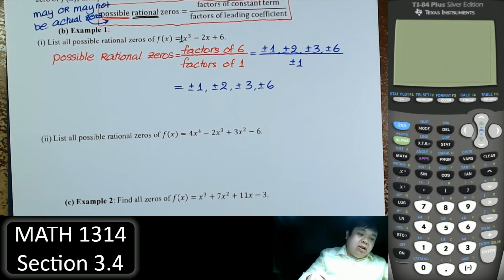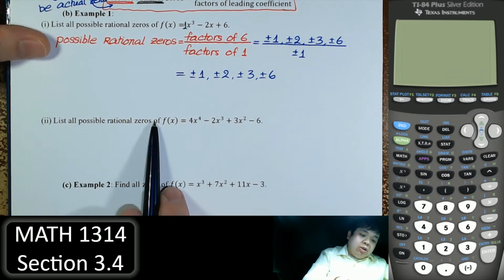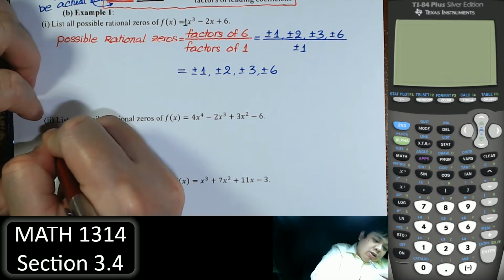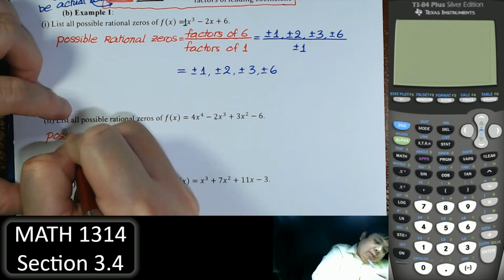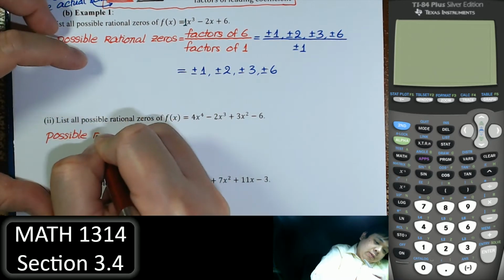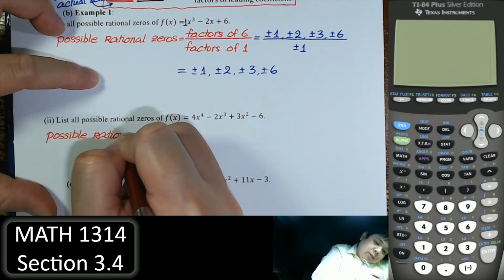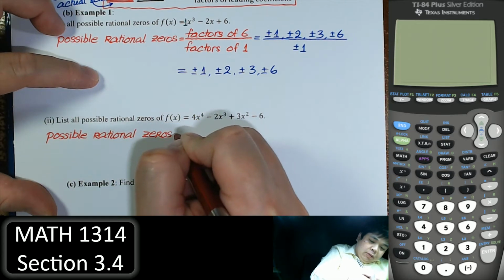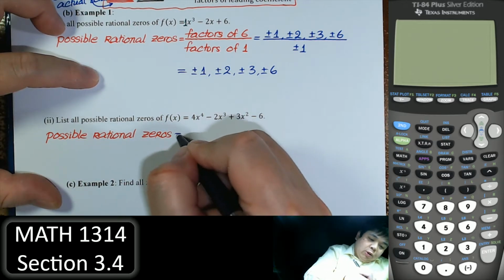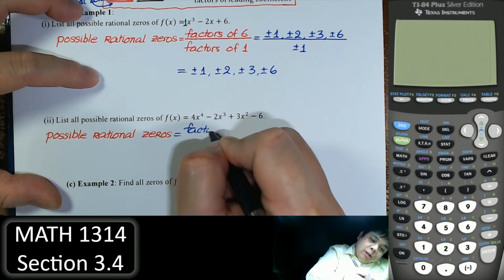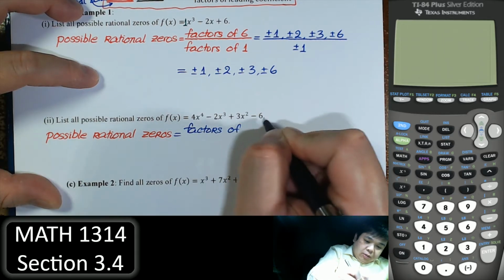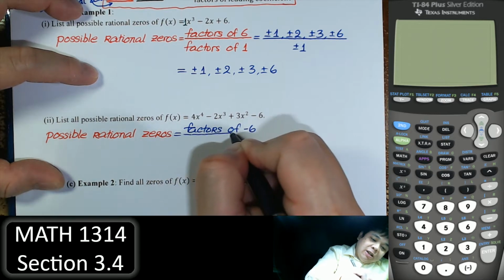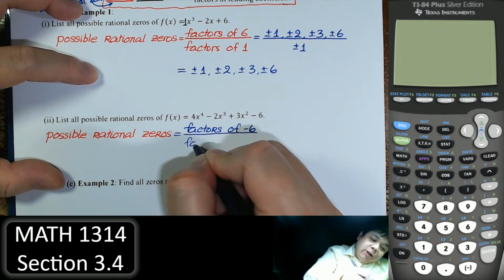Let's look at another example. List all the possible rational zeros for this. Once again, the possible rational zeros equal the factors of the constant, factors of -6, over the factors of the leading coefficient.